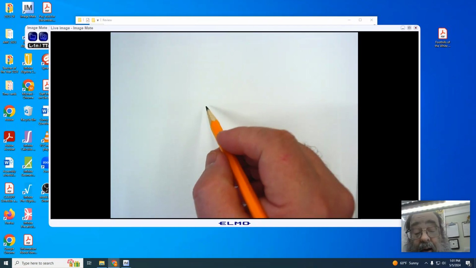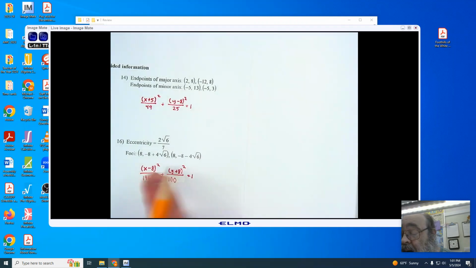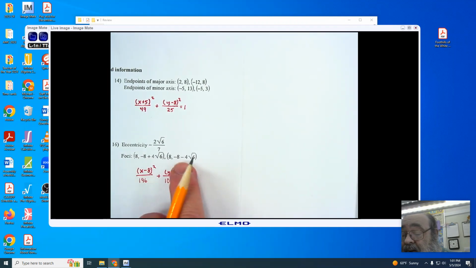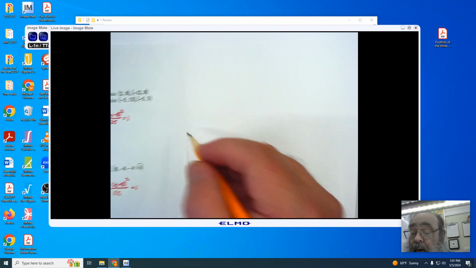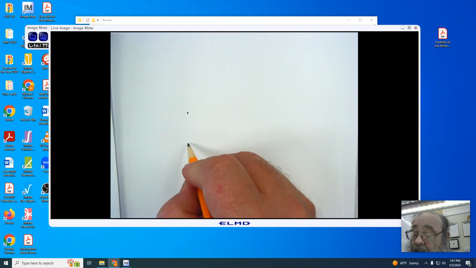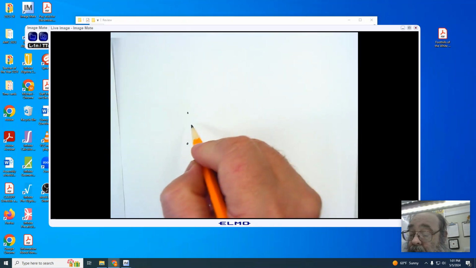So we're going to start off. You'll notice we have eccentricity, but it's the two foci that I'm going to draw. I know this is an ellipse, so I'm going to put these 2 points, and a center directly in the middle.